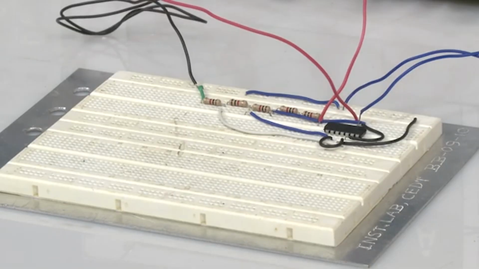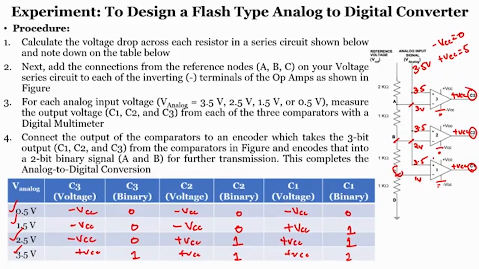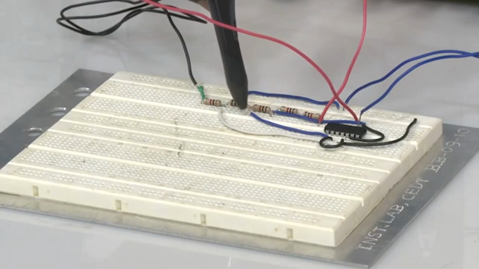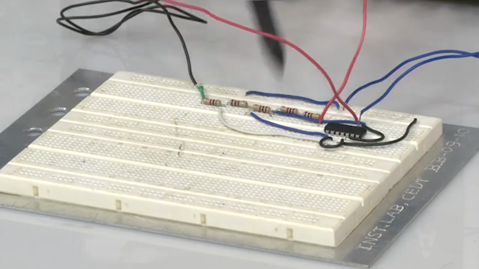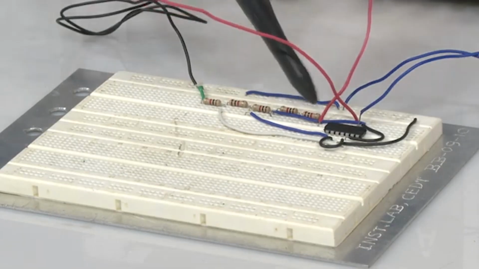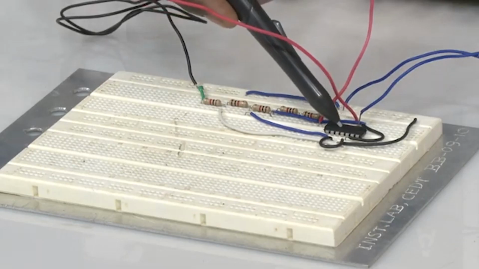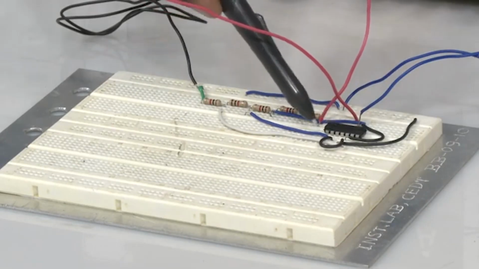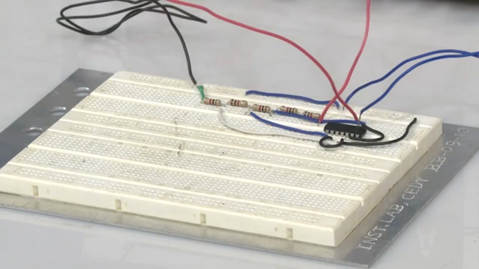When you look at the screen, this is this particular value, whereas this blue line is VB, and this blue line is VA. These are connected to all the op amps. This is a quad op amp, so you can use all 3 comparators within a single IC.